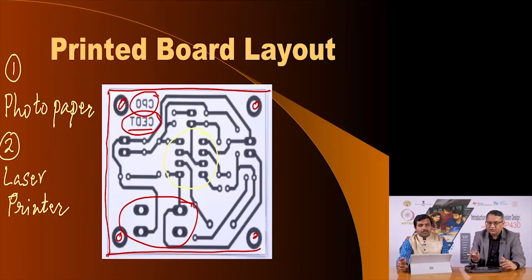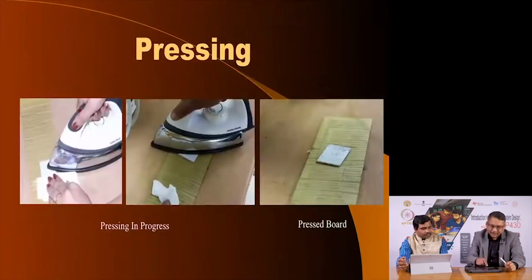Now, what you do is you flip this and place it on the copper side of the cut PCB that you just prepared, which you used a sandpaper to shine. You flip this layout, the print side, place it on the copper side of the PCB, and then use a normal regular home iron for ironing clothes.